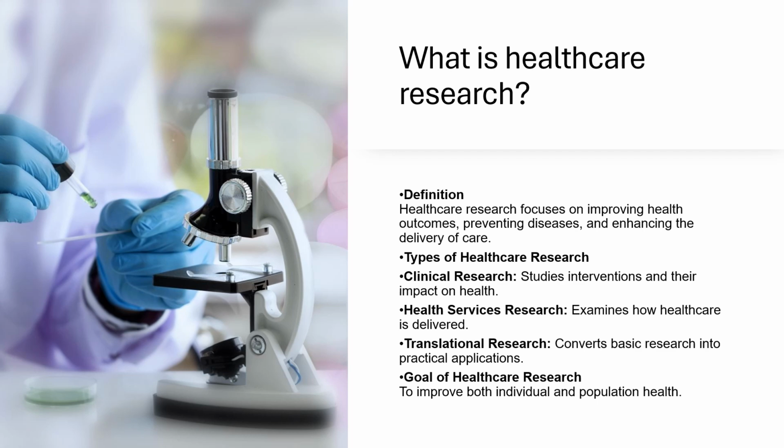Types of healthcare research: clinical research, health service research, translational research, and also applied research or clinical trials. Clinical research studies interventions and their impact on health, health service research examines how healthcare is delivered, and translational research converts basic research into practical applications.